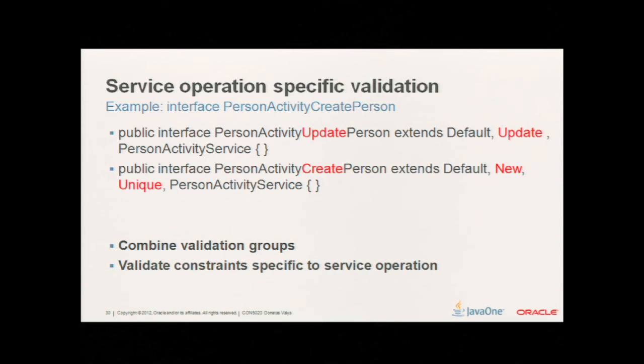For example, as you remember, you can define custom validation groups, and in this case, we create one interface, person activity update person, which extends the default update groups. And the second one is person activity create person, which extends default and new unique interfaces. So we just defined our validation groups for service-specific operations.